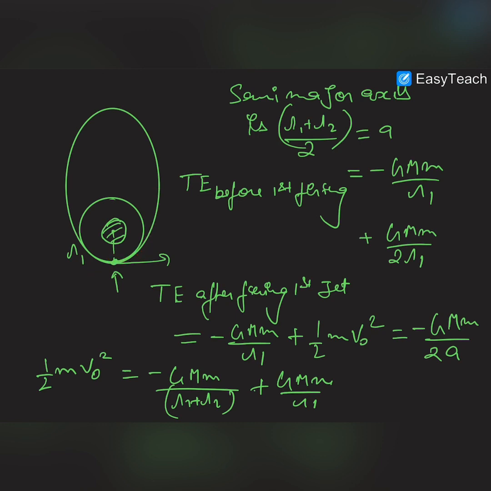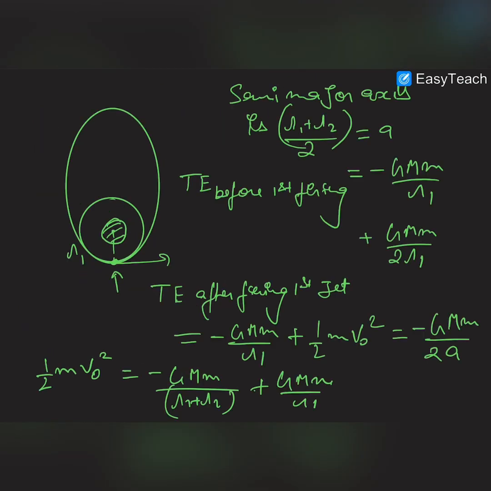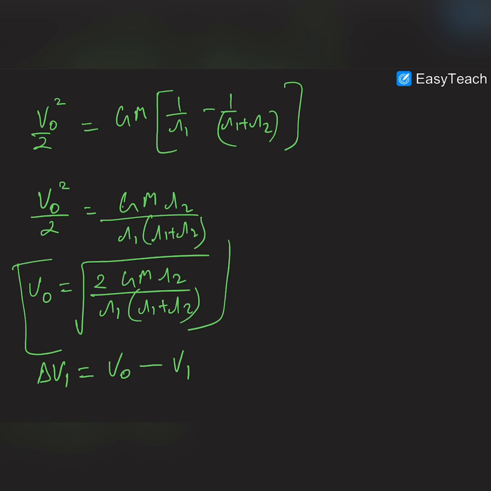with which this planet would start to move in the elliptical orbit, and therefore the delta v1, which is the first impulse we need to give to the satellite, would be equal to the new elliptical path velocity minus the old orbital velocity. The old orbital velocity we have already discussed was under root gm by r1.